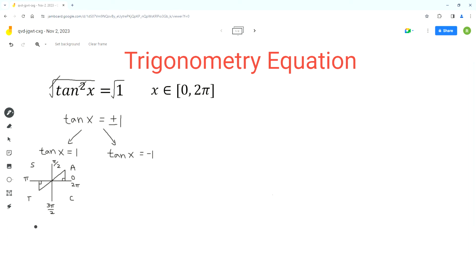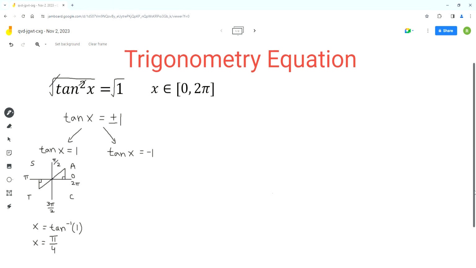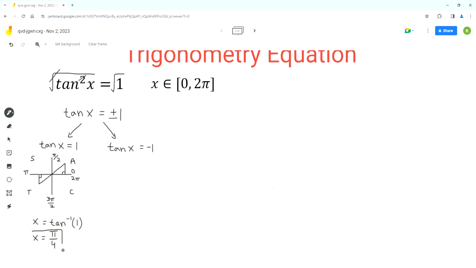So basically what we have to do is we have to isolate x by doing the inverse of tan. So this is the step we get, which can be evaluated by using a calculator, or if you have memorized the special angles, you will know that the value of x will be equal to pi over 4.